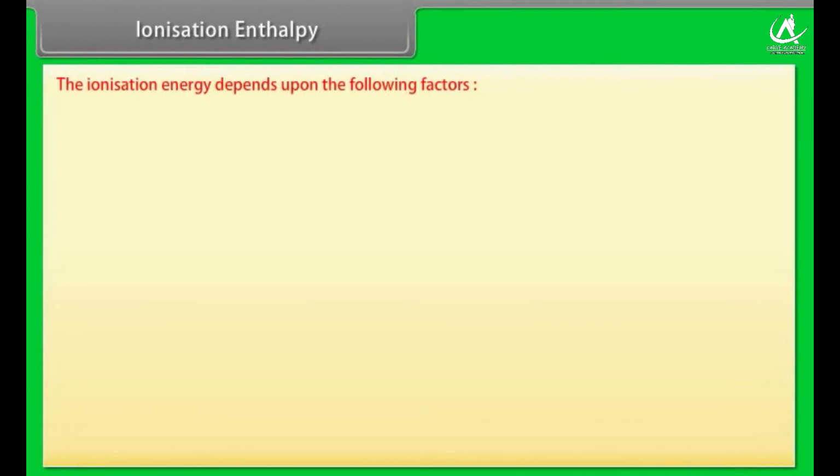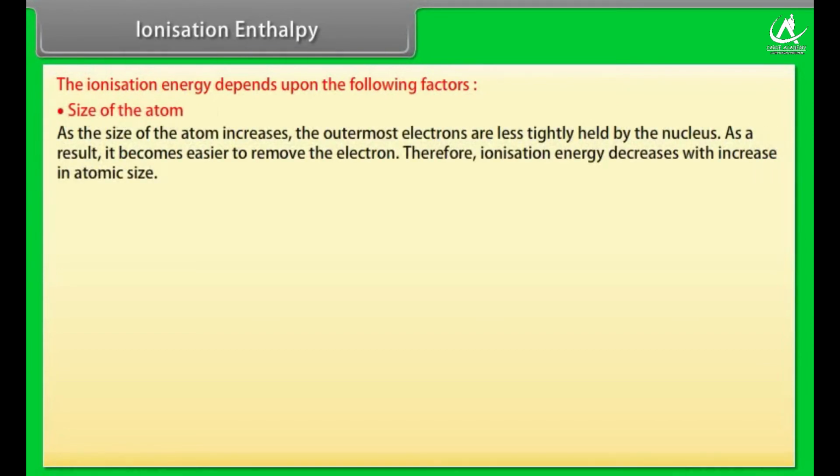The ionization energy depends upon the following factors. Size of the atom. As the size of the atom increases, the outermost electrons are less tightly held by the nucleus. As a result, it becomes easier to remove the electron.